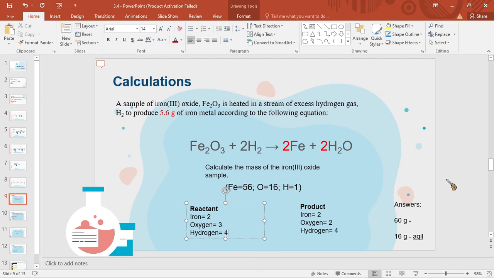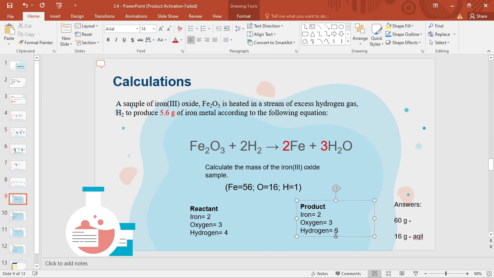Still not balanced, right? Because of oxygen. Now, what do we do? 2H2O becomes 3H2O, because oxygen here got 3. 3 oxygen, but hydrogen 6.